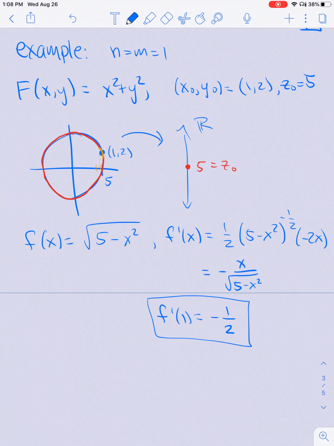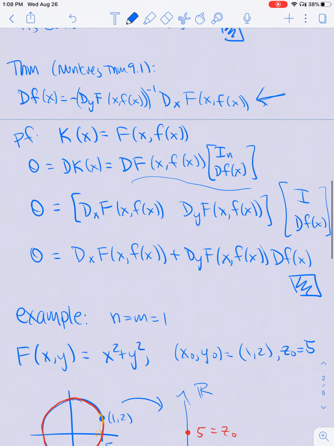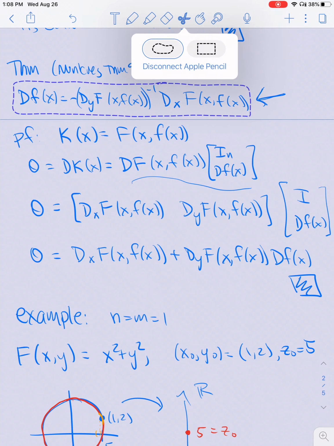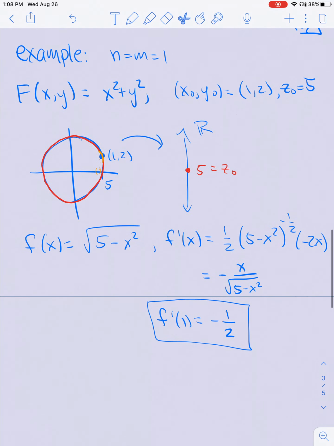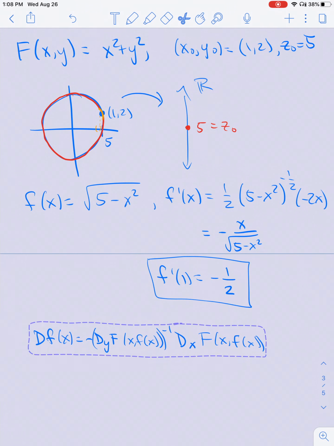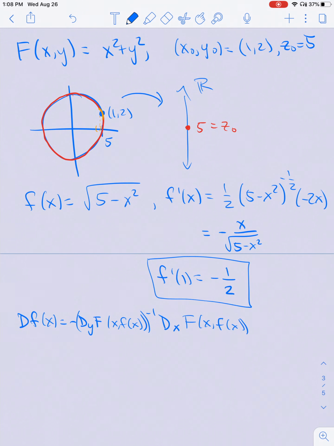But now, if I go to my formula, this should tell me that f prime at 1 should be equal to negative d_y of f inverse times d_x of f.